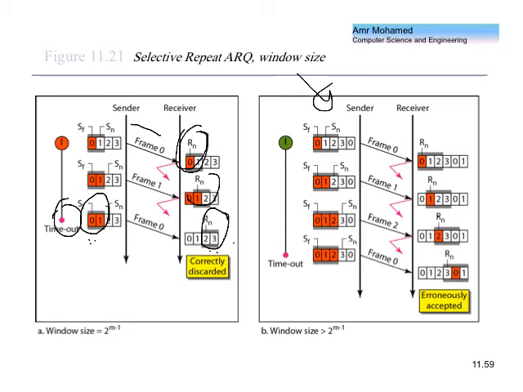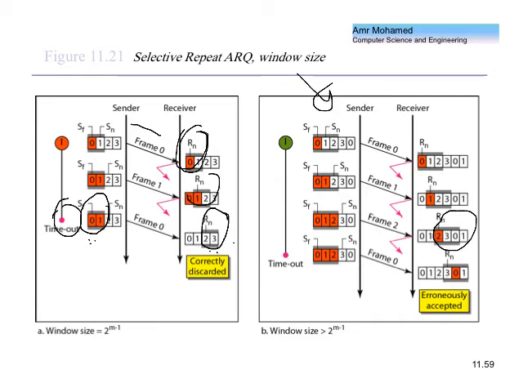Here, if we increase the window size by only 1, in that case, when the receiver window slides, 0 here will become one of the frames that the receiver might accept, right?